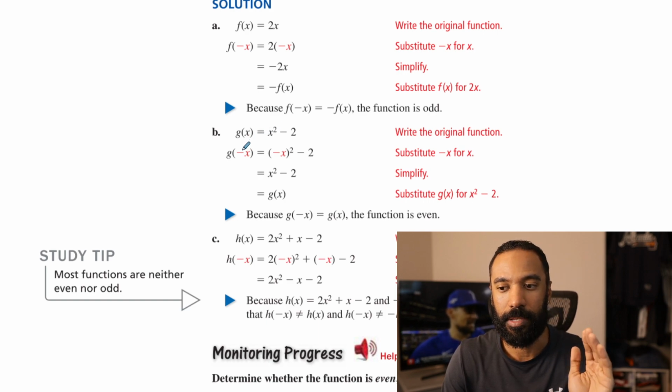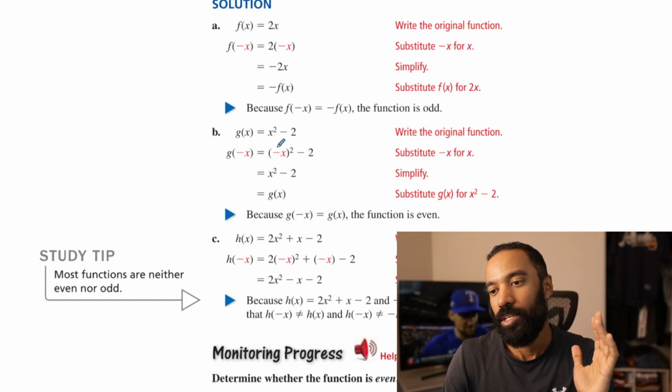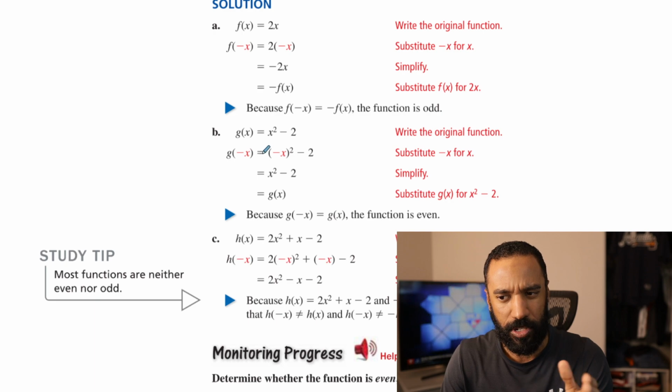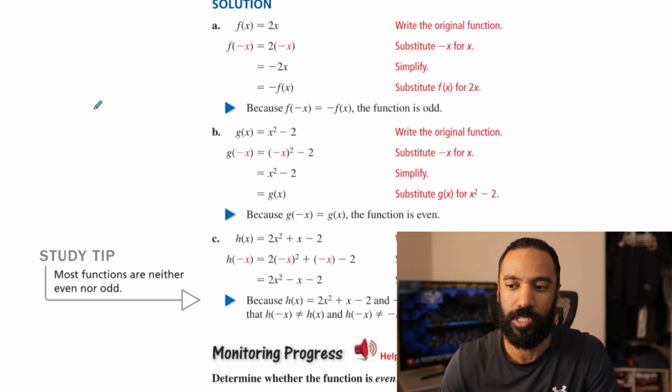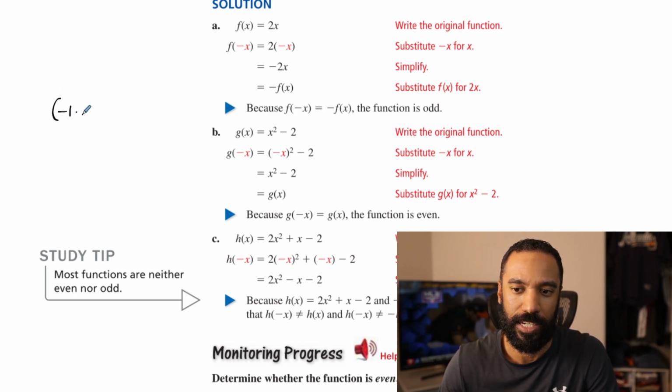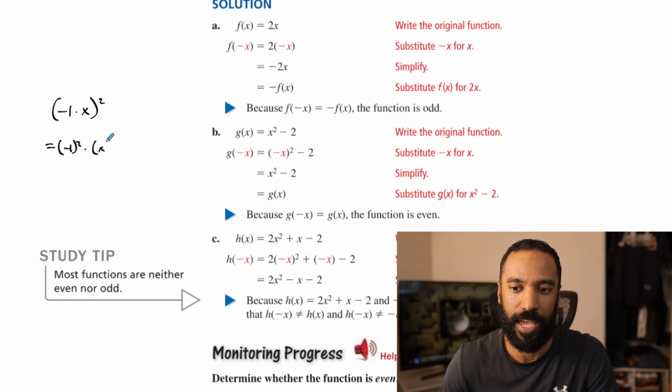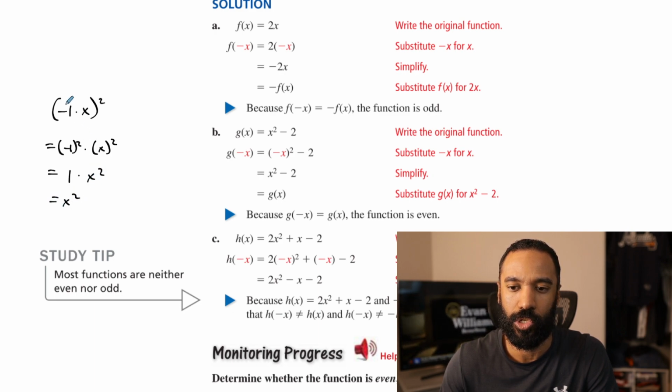Part B, let's substitute negative x into here. Use parentheses when you do substitution, especially something like this. We square negative x, and it becomes positive x squared, right? Think of negative x as negative 1 times x. Negative 1 times x, squared, is negative 1 squared times x squared. Negative 1 squared is 1, times x squared is x squared, right?